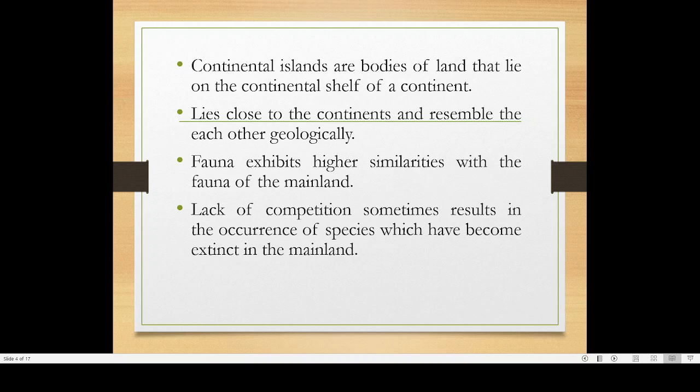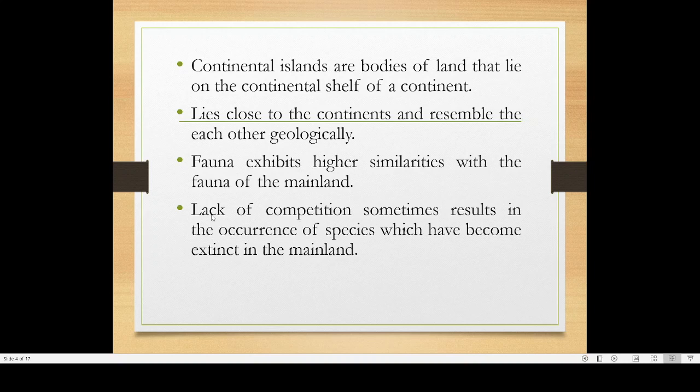Because I am studying and researching spiders, I know the spider diversity of Kerala and of Sri Lanka are somewhat similar. So there is a lot of similarity between the continental island and the nearby continent in terms of fauna, and a higher level of faunal similarity.